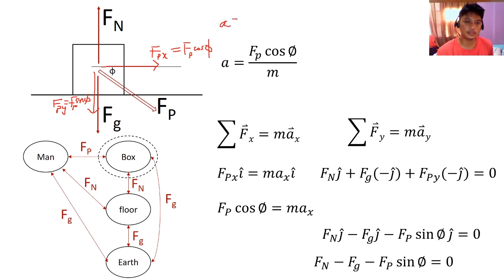Remember that when the force was purely horizontal, the acceleration was Fp over m. So clearly, the acceleration when the force was purely horizontal is greater than now that it is set at an angle below the horizontal. Because cosine phi is always either 1 or less than 1, and in this case, it's definitely less than 1. Therefore, this acceleration is much less.